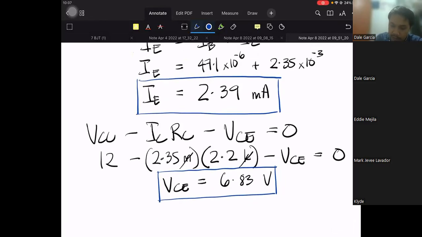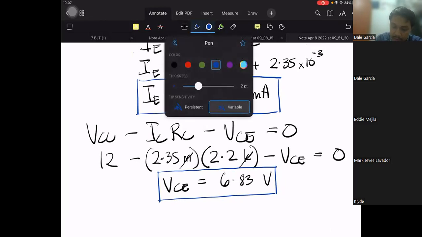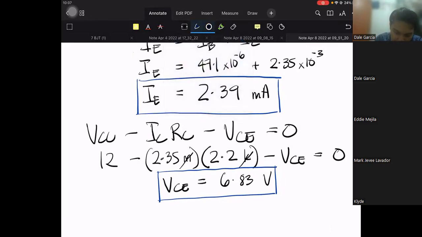Yeah. So added lang ako an information. We could solve for the power consumed by the device, PD, which is equal to IC times VCE. So muna siya formula sa power dissipated sa device. The power that's coming inside the device, the transistor, and the voltage drop sa collector emitter na terminals.